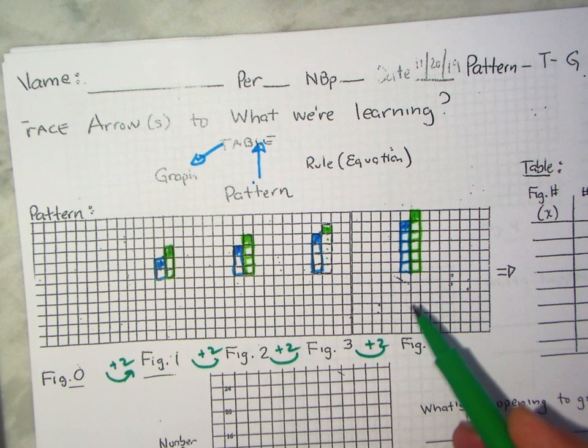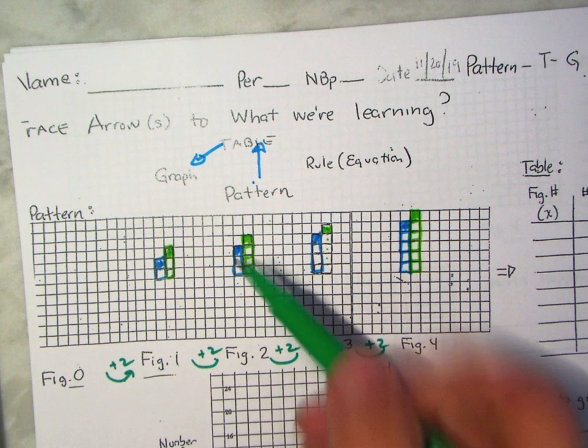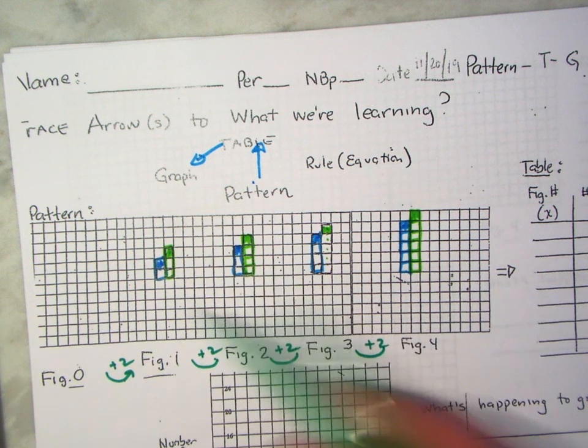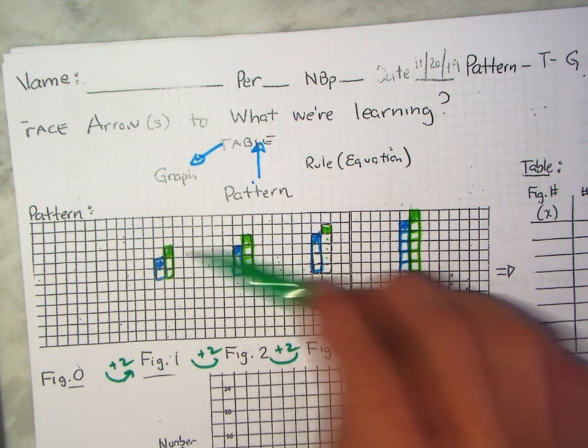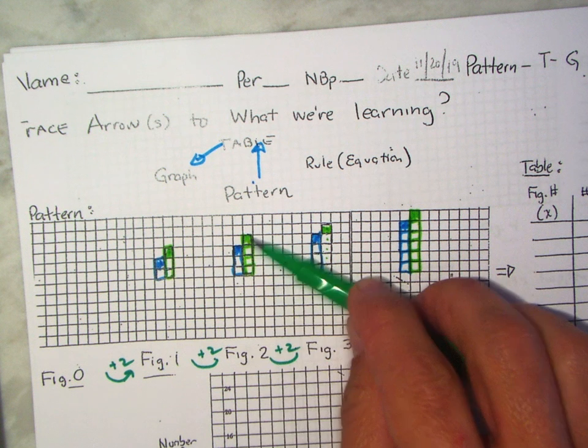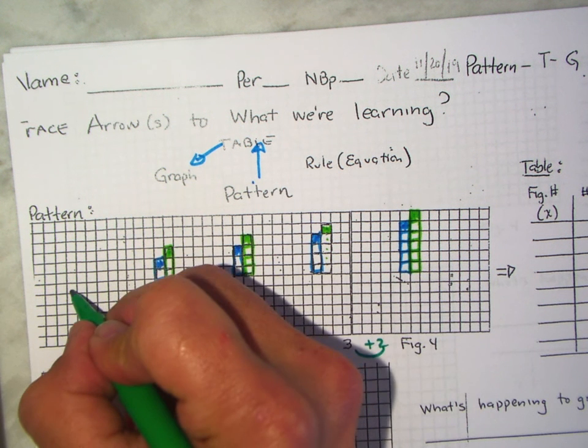So now if we want to go backwards, if we're adding going this way, then we have to subtract going the opposite way. So there's 3. If I go 1, 2, 3, 4, 1, 2, 3, then this one's going to have how many?